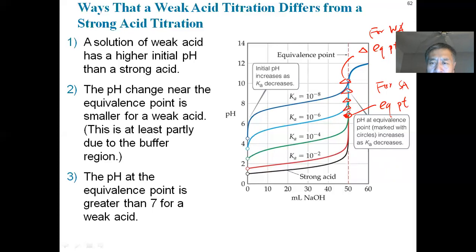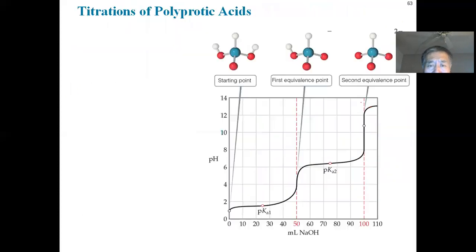For the strong acid it is approximately 7. Therefore, for the weak acid, your equivalence point pH is greater than 7, because you produce a conjugate weak base. So a basic solution will have a pH higher than 7.